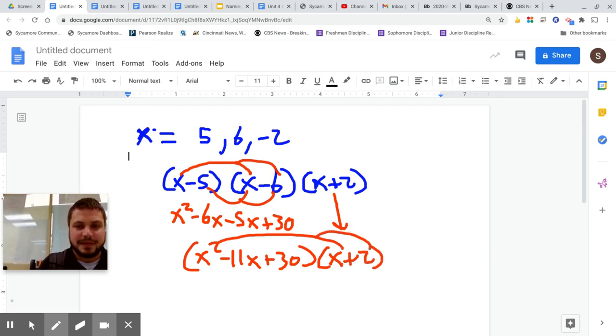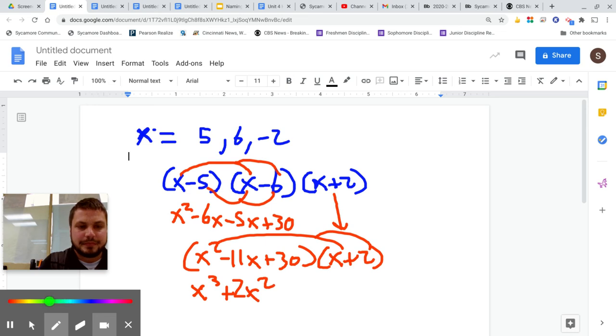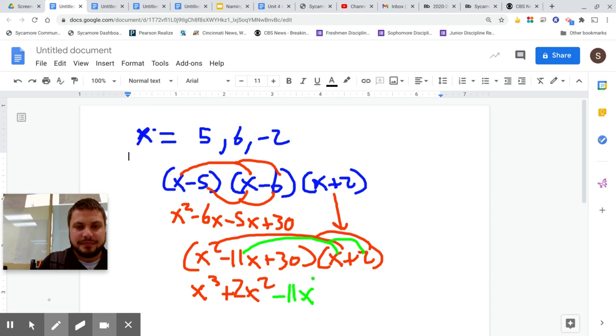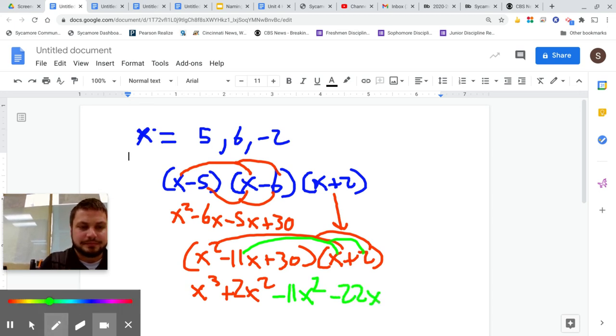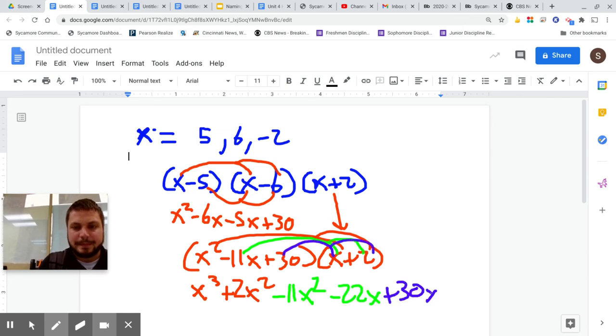Okay, here we go. That's x to the third plus 2x squared, minus 11x squared minus 22x, plus 30x plus 60. Now I'm going to combine my like terms. I've got x to the third minus 9x squared plus 8x plus 60.